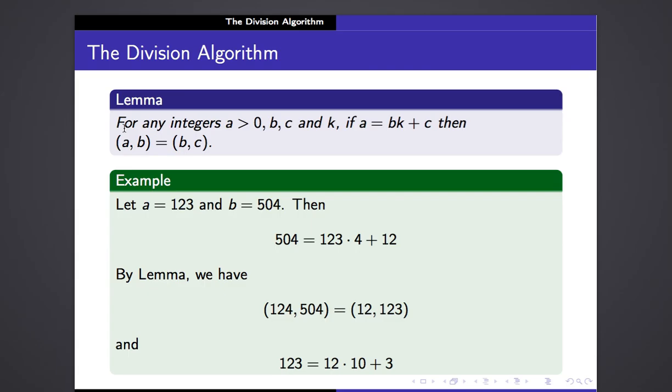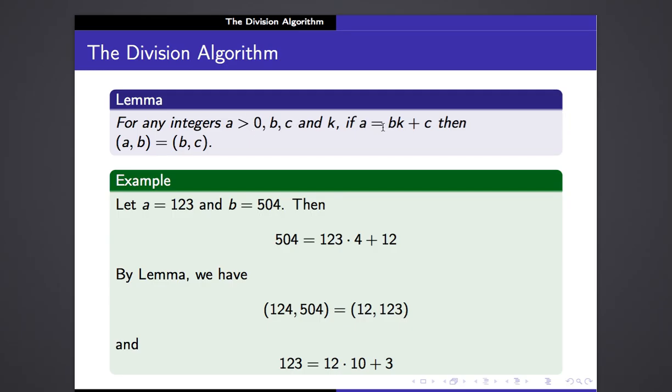But this lemma allows us to reduce the size of the pair of integers involved, and that will allow us to calculate the greatest common divisor of the original pair more easily.